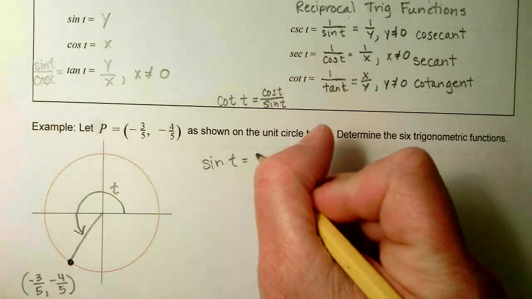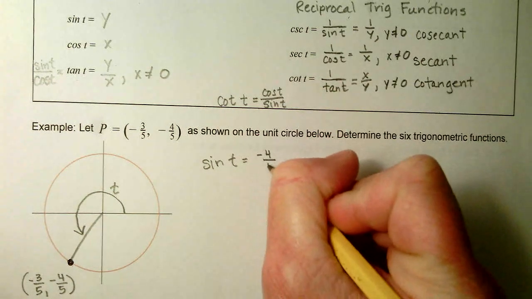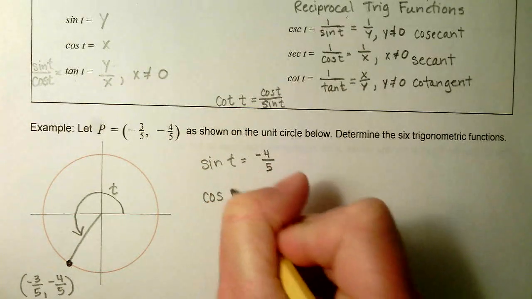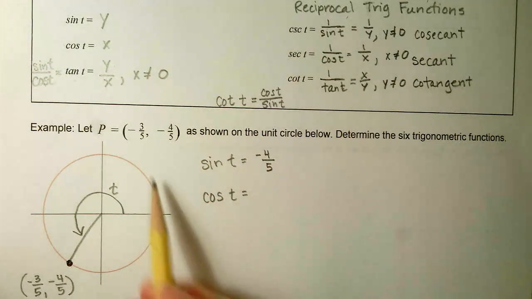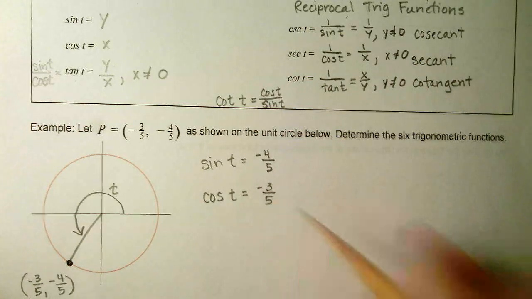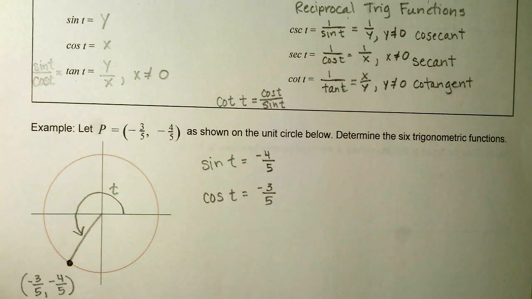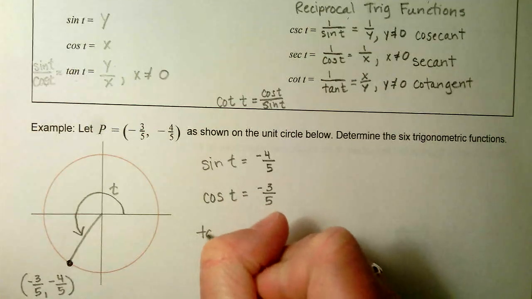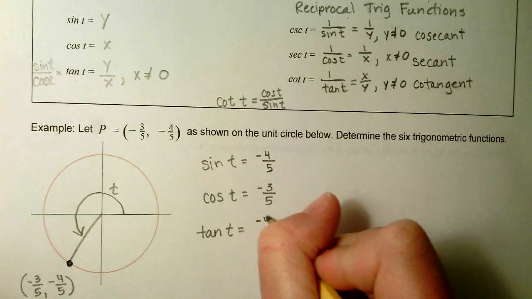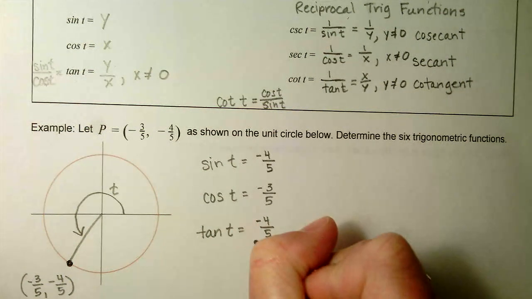So our sine of t is negative 4/5. Our cosine of t is going to be our x value, which is negative 3/5. Our tangent of t, I always remember it as sine over cosine.